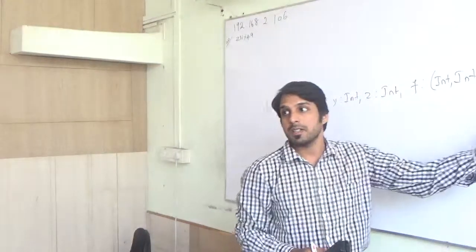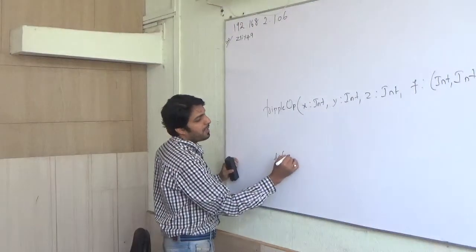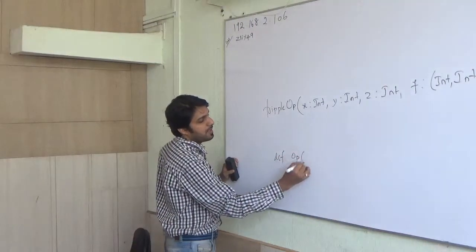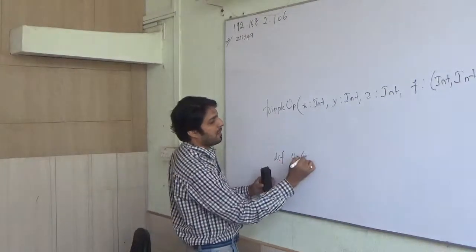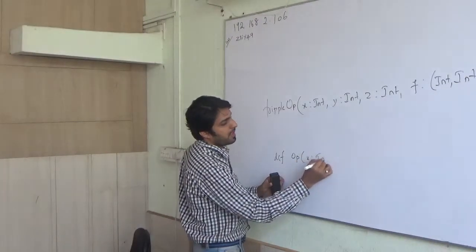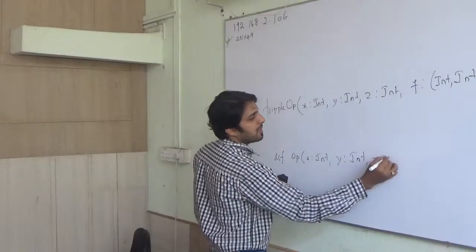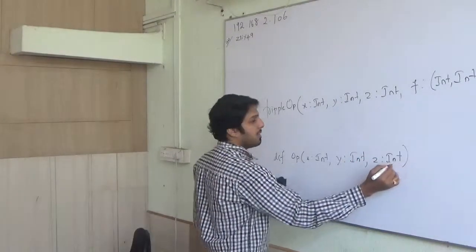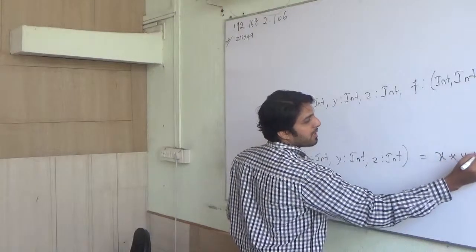This was our function. So what we can do is define operation x int, y int, z int is equal to x star y plus z.